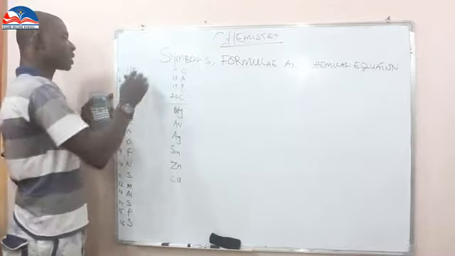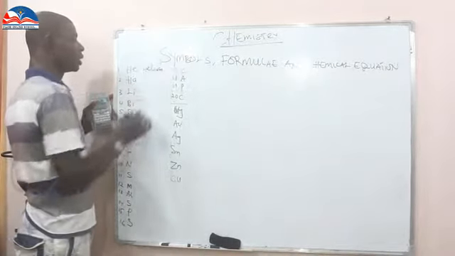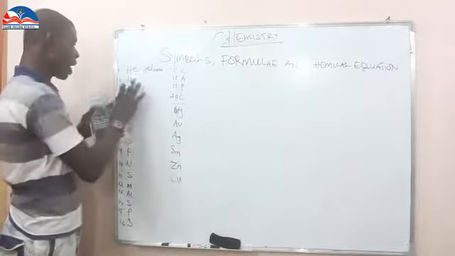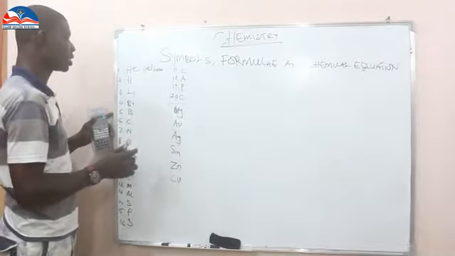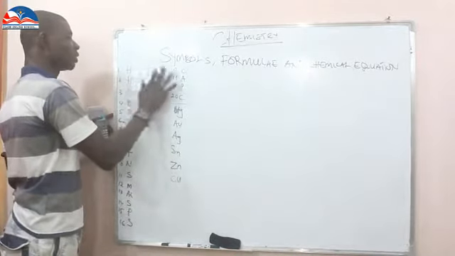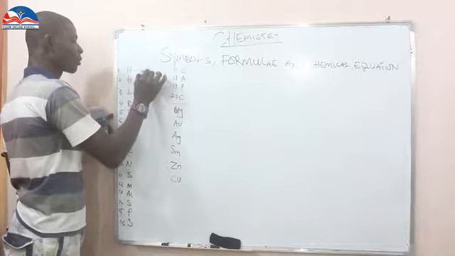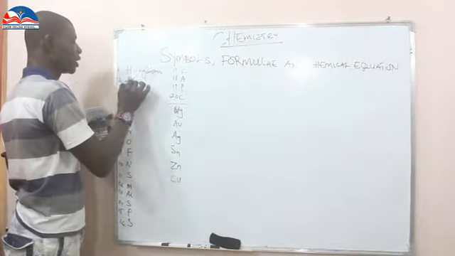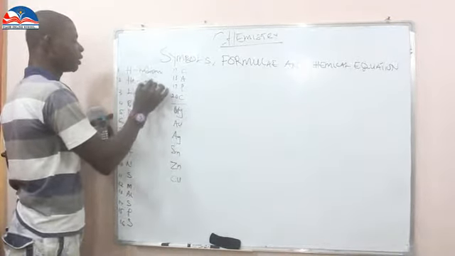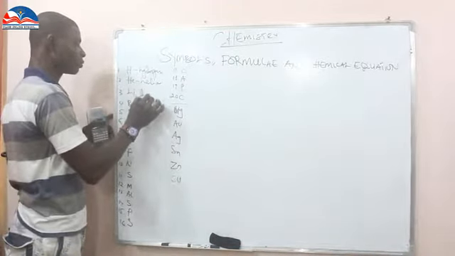Now, what is the meaning of this symbol here? He means helium. Why H here? Sorry, H here means hydrogen. We have hydrogen. He means helium. Li means lithium.